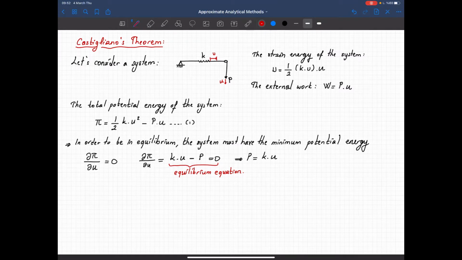So that sounds like a very simple approach, but the problem with this method is you have to calculate the external work. I mean, we can calculate the internal work for it in terms of U, but what about the external work? Now I'll give you an example. Now let's say that I have a simply supported beam.